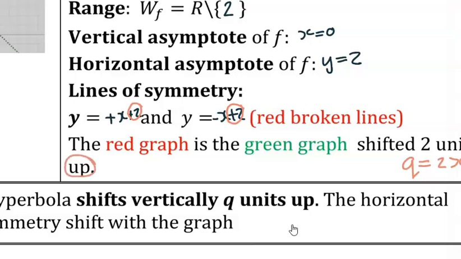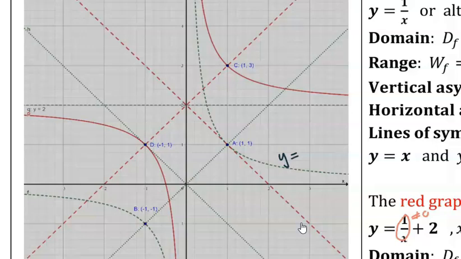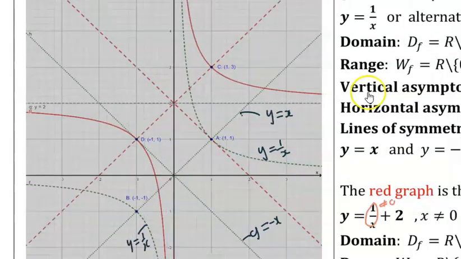So let us look at our graph. This is y equal to 1 over x, and this is y equal to x and this is y equal to minus x. When I add this 2 here, that means every y value that I have must be added 2 units. So it is 2 units up.